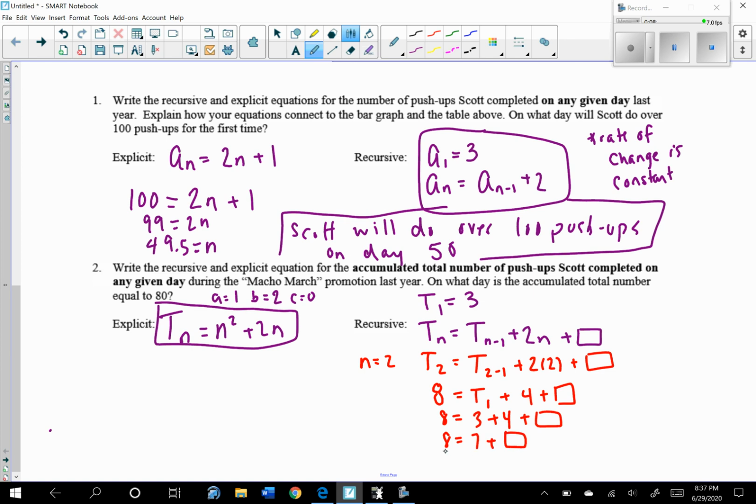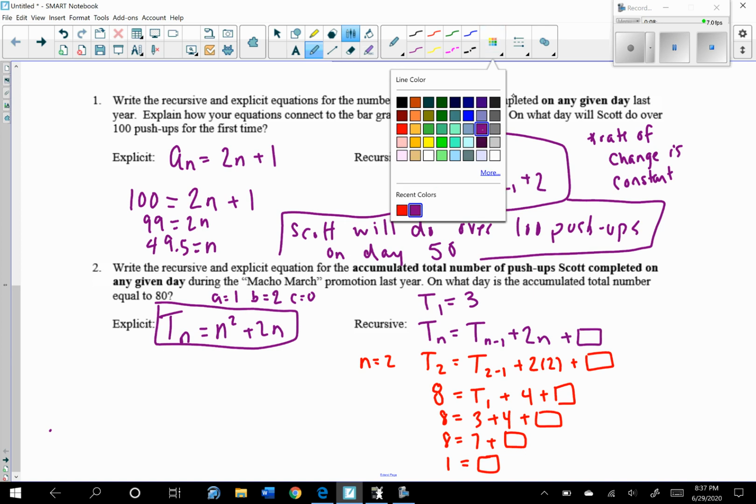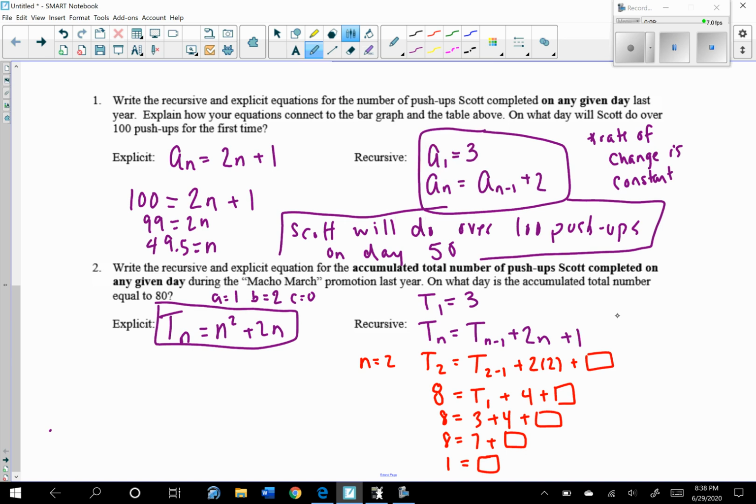So if I subtract 7 from both sides, of course I get that something is equal to 1. So that means that this is plus 1. And that gives me my recursive form. And remember, you can always check your work by using n equals 3 and making sure that it works out using the table.